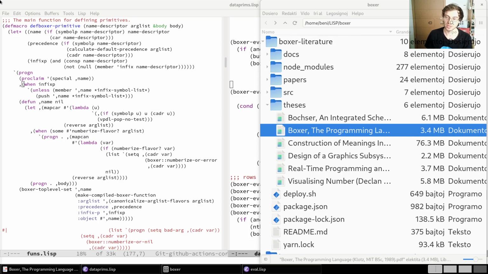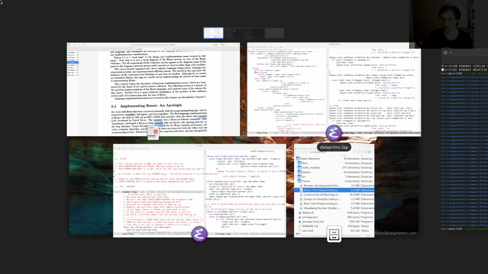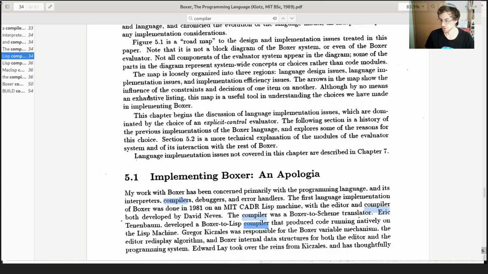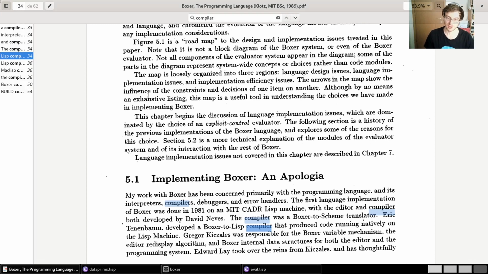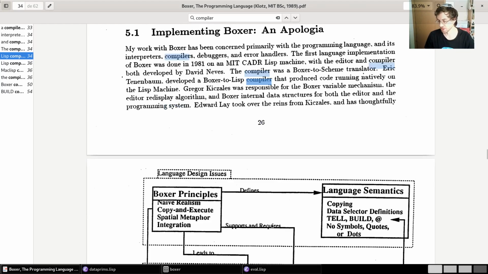Okay, so if you read the thesis, you will discover an interesting, surprising element in the story. This is not the first iteration of the implementation of the language. They started with a compiler, which was a Boxer to Scheme translator. Then they did another compiler for a Lisp machine.